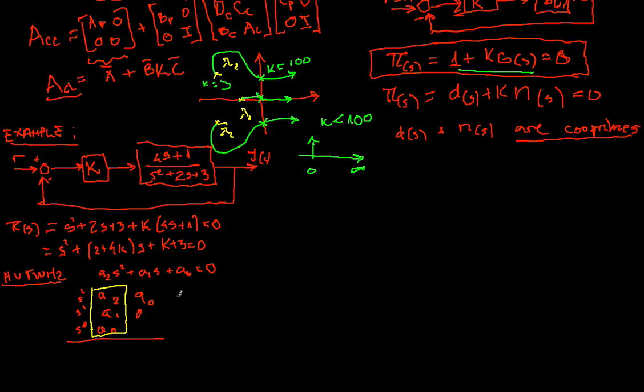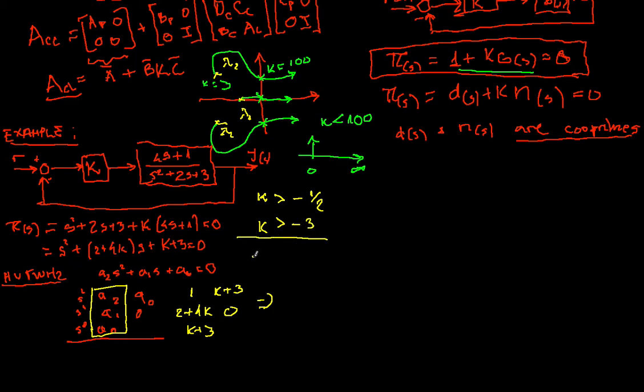And given that, for this case, the Hurwitz table will be 1, k plus 3, 2 plus 4k, 0, and k plus 3. Okay, this implies that we will have k greater than -1 by half and k greater than -3.